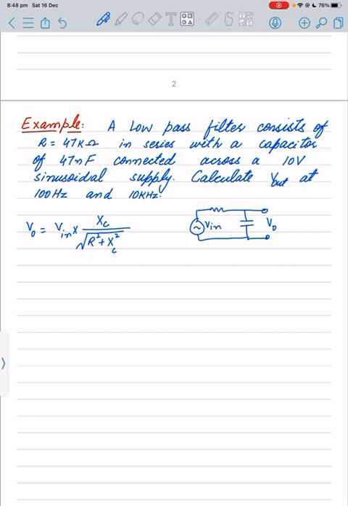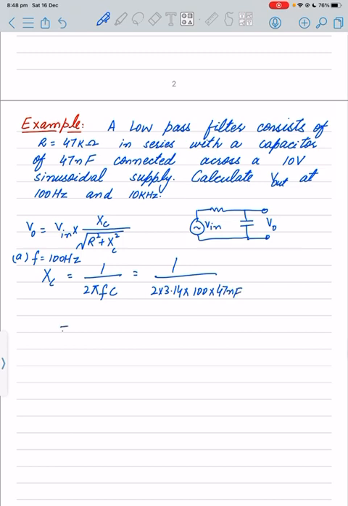For the XC we know that the formula is XC is equal to 1 divided by omega C, and omega is equal to 2 pi f, and we have their values. So by simply inputting their values, let's suppose f is equal to 100 hertz, and C is equal to 47 nanofarad.